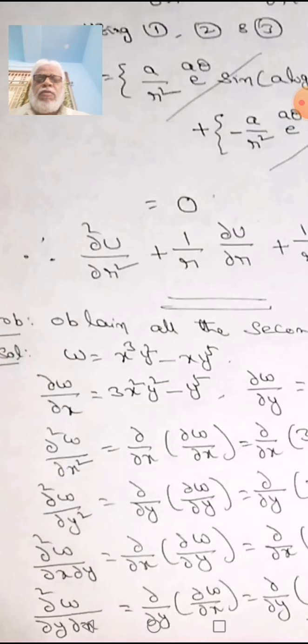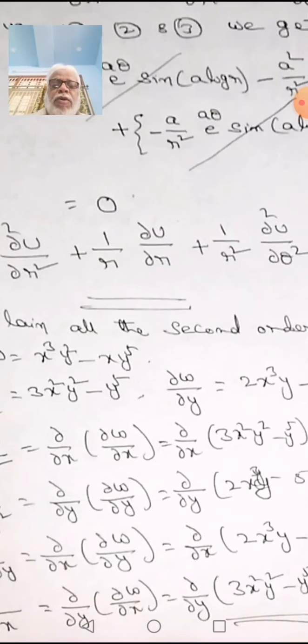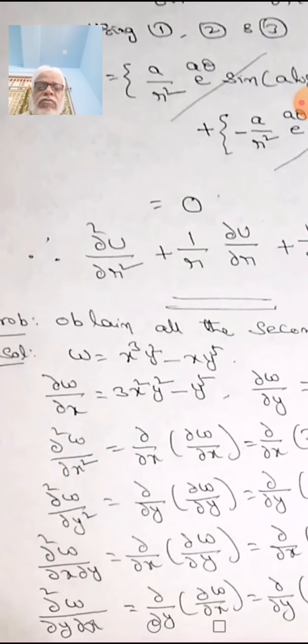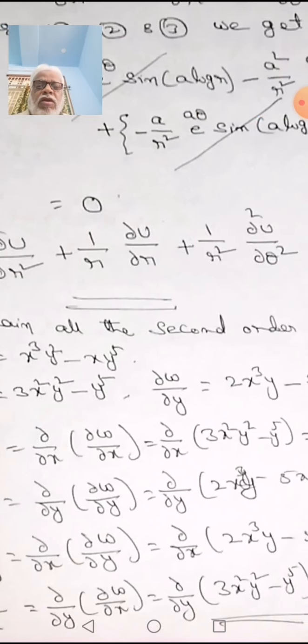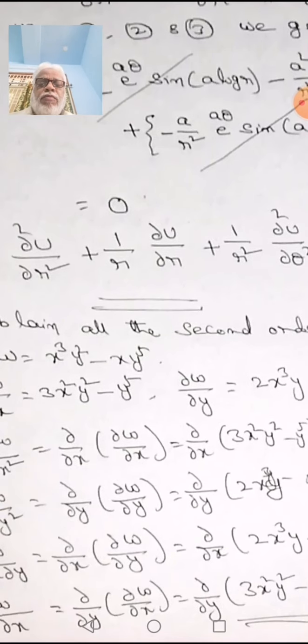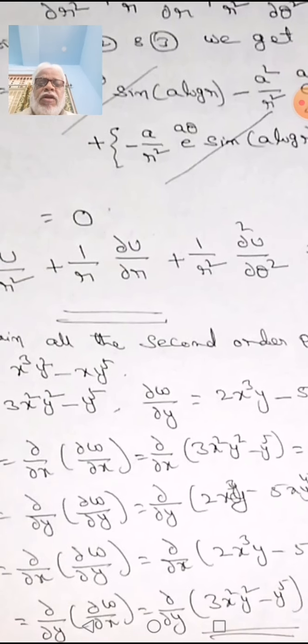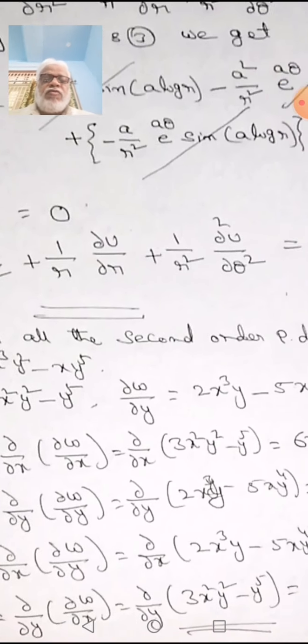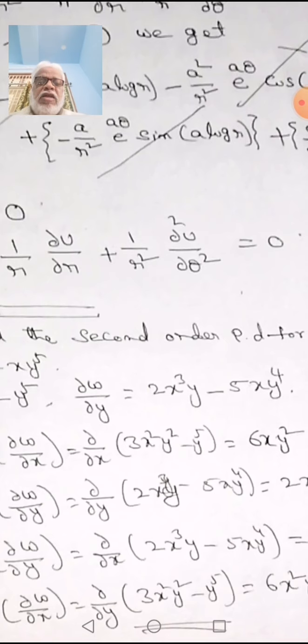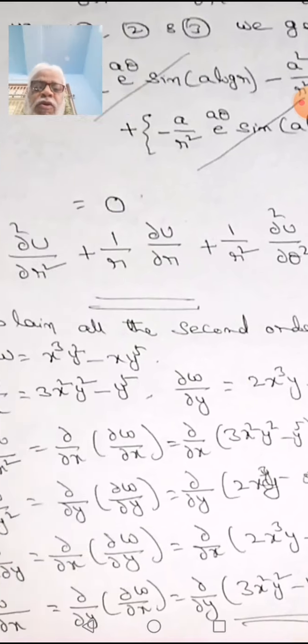That is ∂w/∂x. And ∂w/∂y is 2x cube y, because the derivative of y square is 2y with x cube as it is, minus 5x y power 4, since the derivative of y power 5 is 5y power 4 and x is as it is.